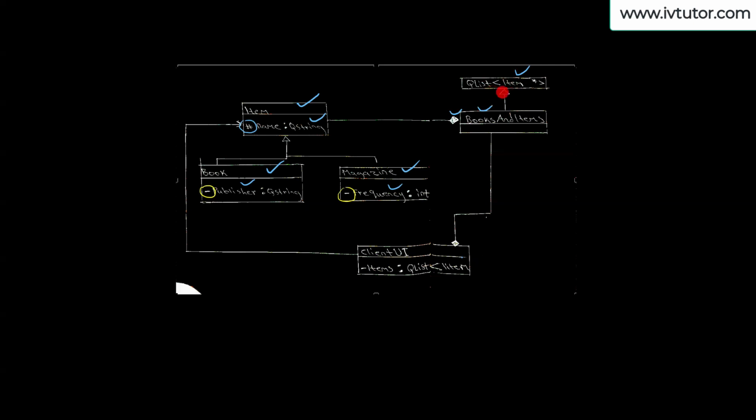Because if you do this, and then you have another list, then where are you using this? So you would want to use your actual list in here. So you would have your books and items inside your client GUI, and you can have your aggregation there. That's all they talked about.